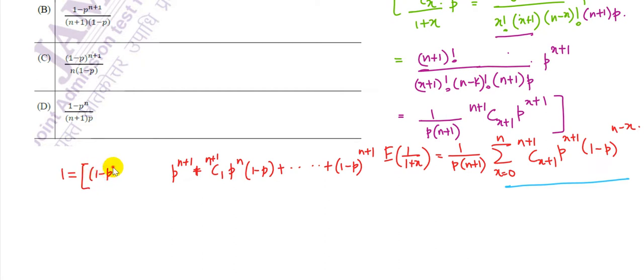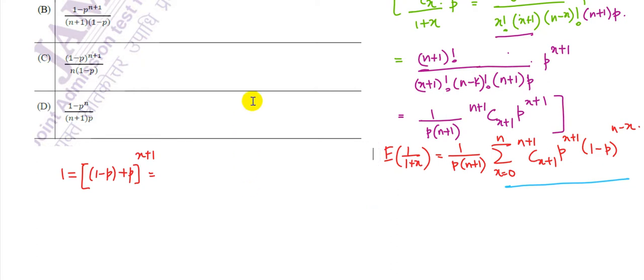So 1 minus p plus p to the power n plus 1 will be given as 1 minus p to the power n plus 1 plus n plus 1 c1 into 1 minus p to the power n into p, and so on up to p to the power n plus 1.